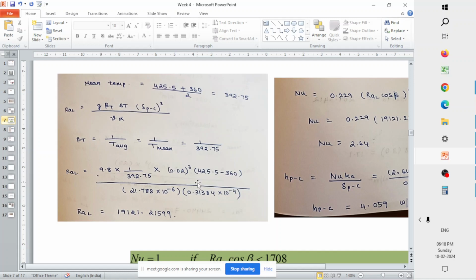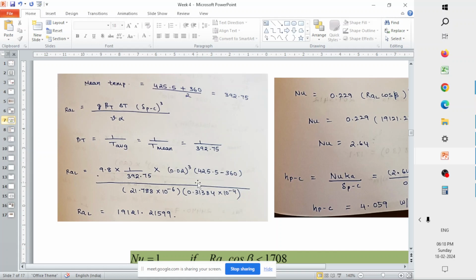Delta T is nothing but the temperature difference between your absorber plate and your cover 1 temperature. Because the heat transfer is happening there, and here we are specifically focusing, for the time being, on the heat transfer between your absorber plate and your cover 1.